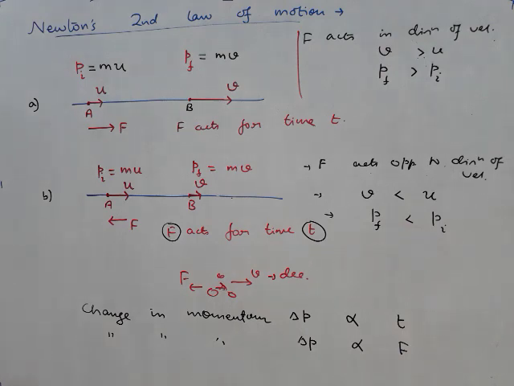Now from these two equations, what we can write? If we combine these two, I can write the change in momentum, which is delta P, should be proportional to the product of these two, F multiplied by T. And if this is so, I can write change in momentum, T will come this side, divided by time is proportional to force F. And it is this which was postulated long back by the famous scientist Isaac Newton and is popularly known as Newton's second law of motion.